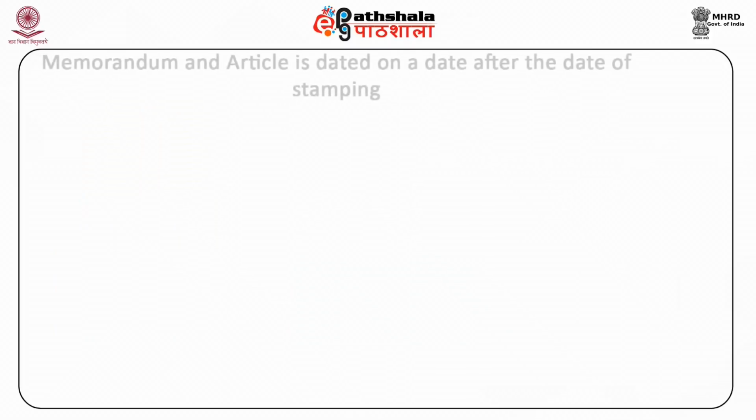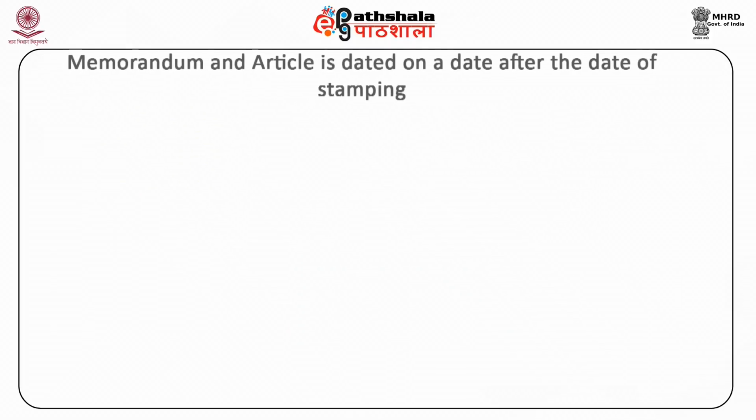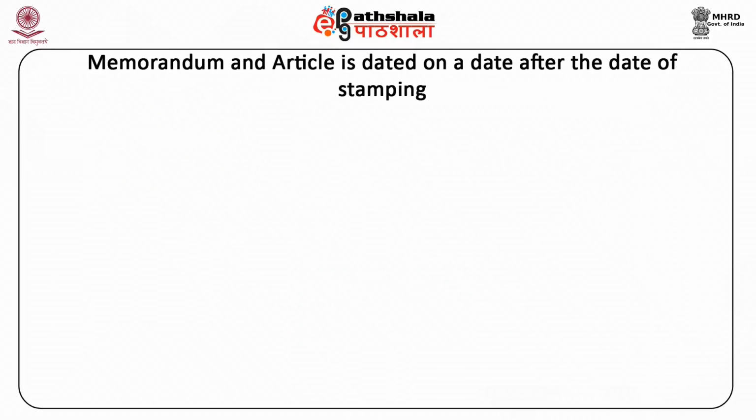The next step is to ensure that Memorandum of Association and Articles of Association are dated on a date after the date of stamping. The next step is to log in to the portal and fill the following forms and attach the mandatory documents listed in the form.